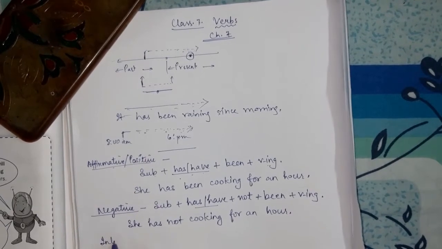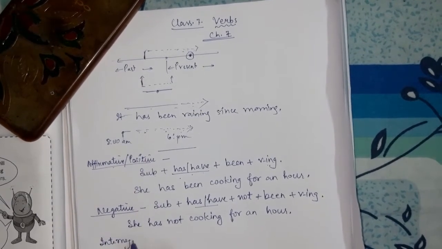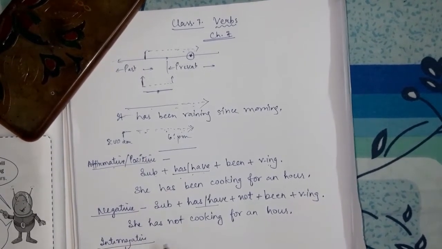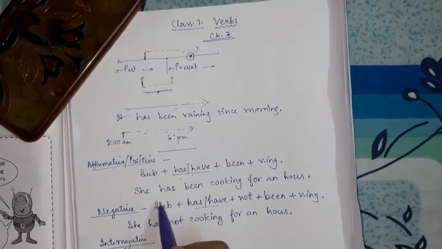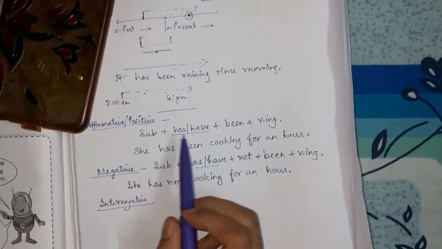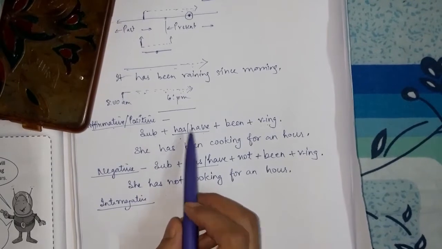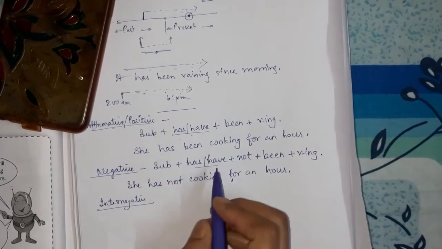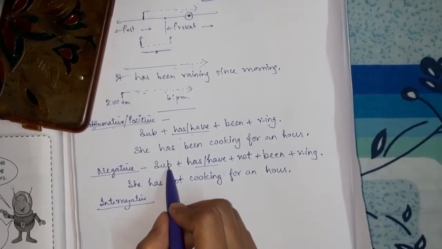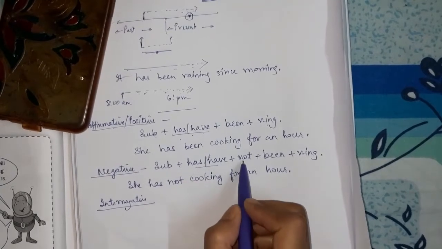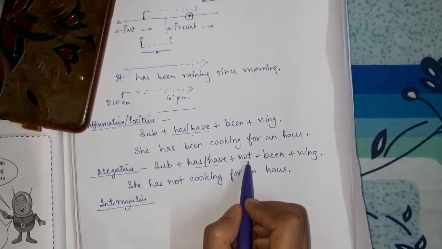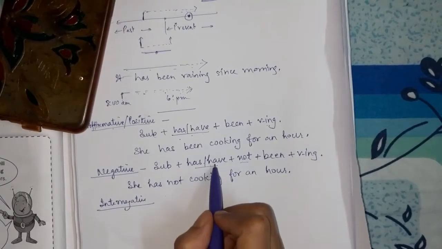Next, move to interrogative. I think till now you have a good idea about how to make an interrogative sentence. I told earlier also: change the place of the subject and the auxiliary verb, and your question is ready. So here also change the place of the subject and the auxiliary verb. See, not will remain in its own place, it will not move along with has and have.